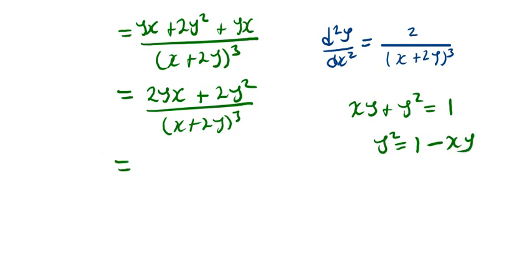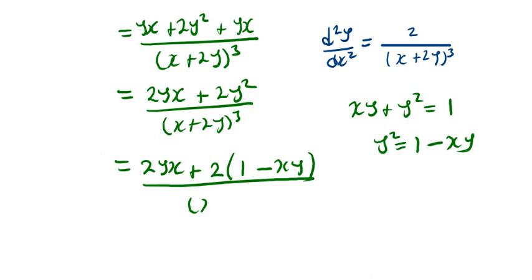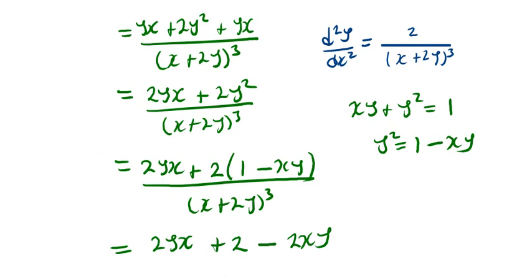So this is going to be equal to 2yx here plus 2 open bracket 1 minus xy, like that, divided by your x plus 2y to the third. This is going to be equal to 2yx, plus 2 minus 2xy, divided by your x plus 2y to the third.